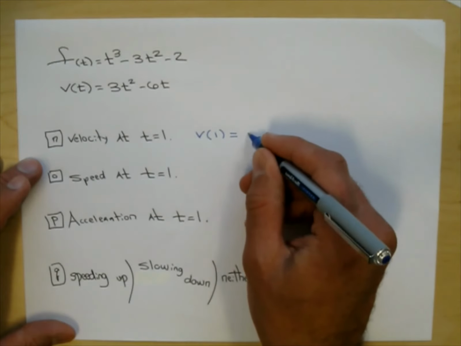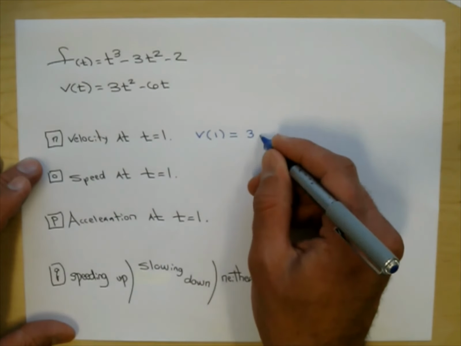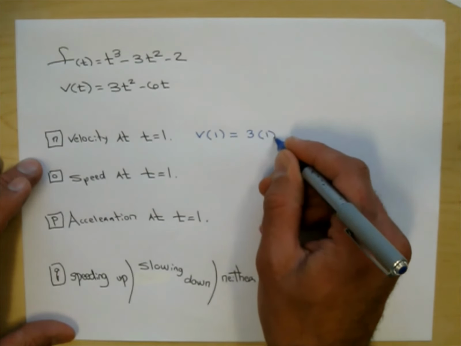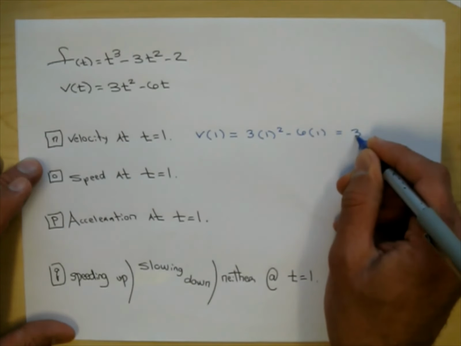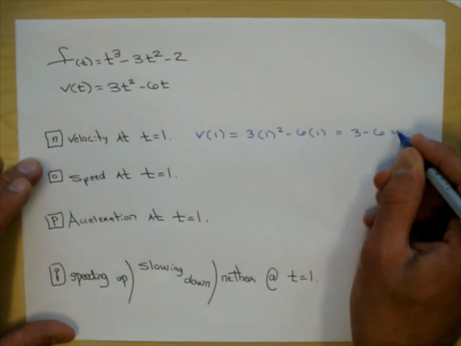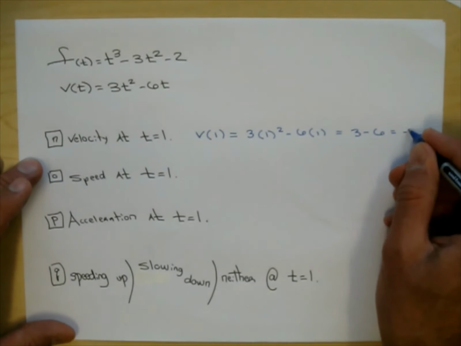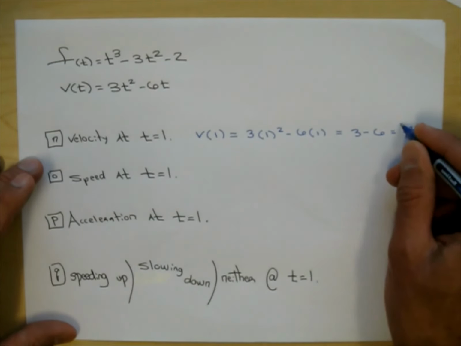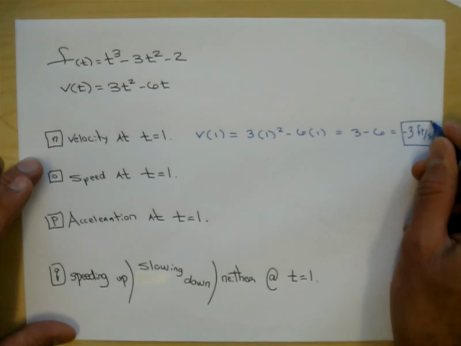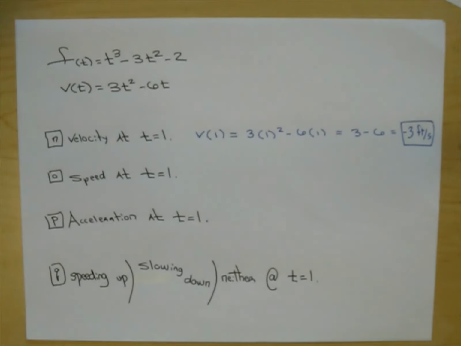And this is going to be 3 times 1 squared minus 6 times 1. So this is 3 minus 6. The answer is -3. -3 feet per second. I'll just put an S there because now I'm getting lazy. So there's the velocity at time equals 1.